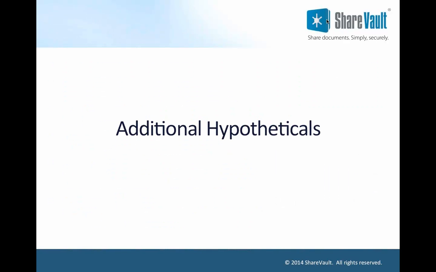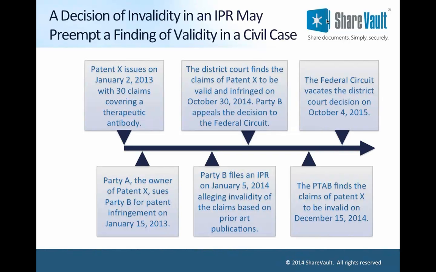Okay, so there are a couple of additional hypotheticals that I wanted to present to you. This is essentially the Fresnius case, which was actually a re-exam case, but I've recast it here in terms of an IPR case.